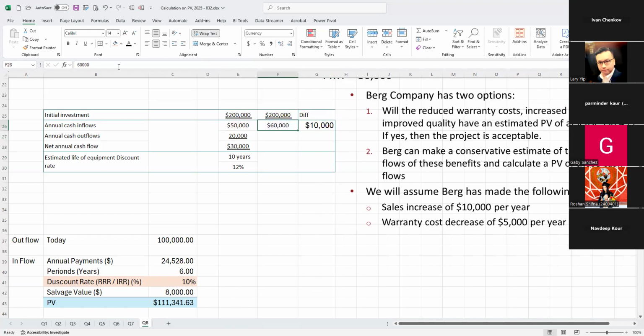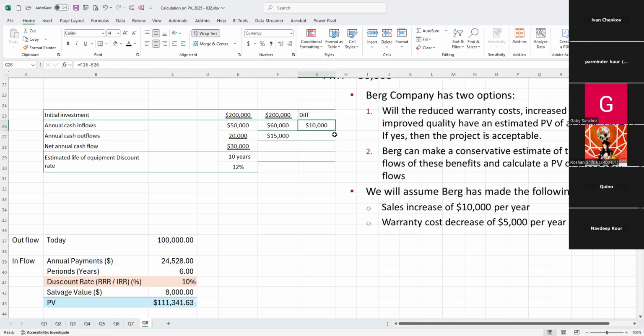Obviously, I'm going to use the same formatting here. It's $10,000. Now, as you can see, the warranty cost decreased with 5,000, so the new cost will be 15,000. Make sense? Are you guys with me? Yes, Professor. Yes. So the difference here is a $5,000 decrease. So where is the annual cash flow now?